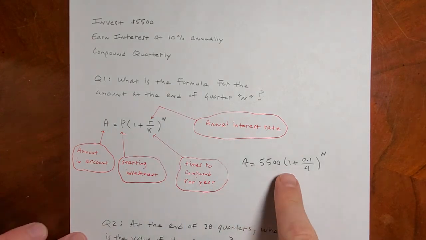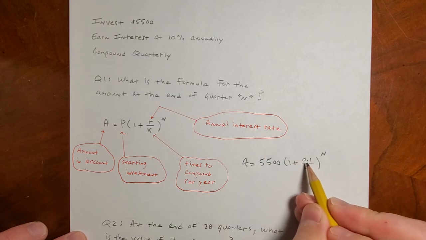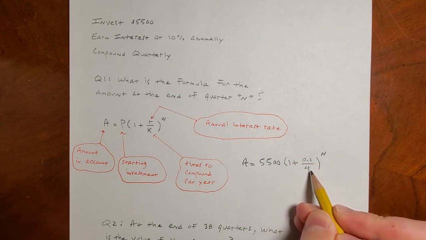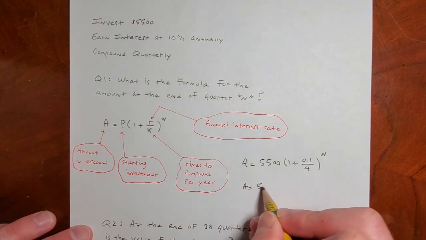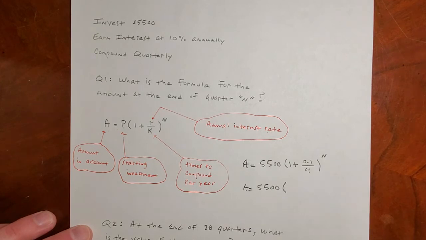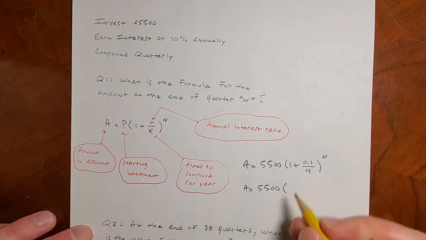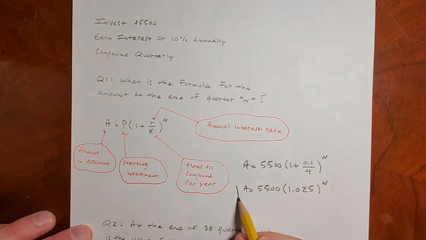Now, I think we should do a little simplifying. Like I can take 1 plus 0.1 over 4. I can calculate that number. So I'm going to go ahead and do that. I can simplify it. And if I can simplify something, then I will. And that number is going to be 1.025. There you go.